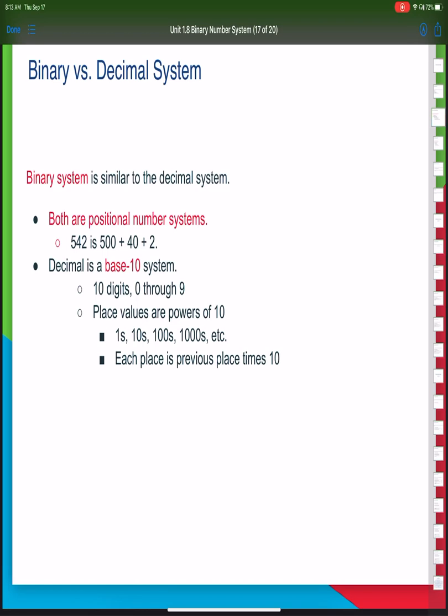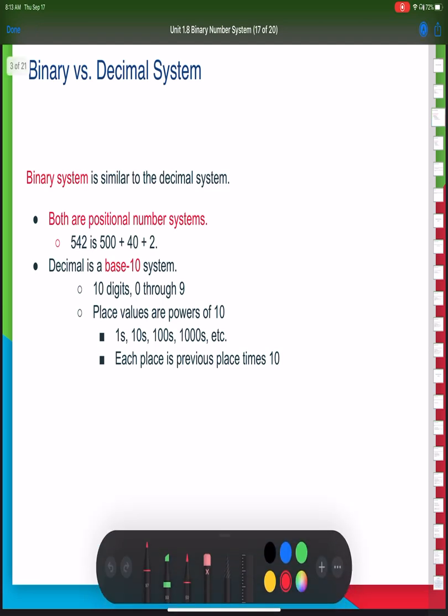Let's look at some similarities between binary and the decimal system. Here we have the number 542, and 542 is the number in question. How would we break that down if we were to teach this to somebody? We look at it from a position standpoint, because regardless of what number system you use, they are called positional number systems.